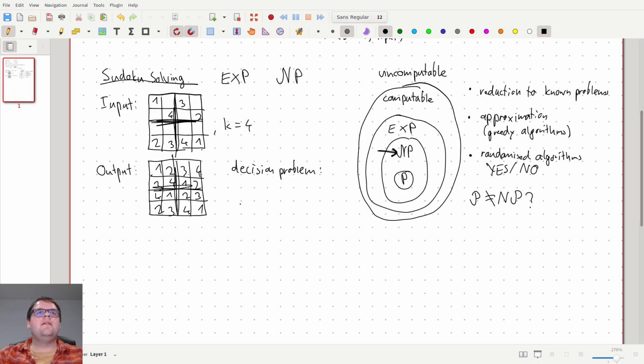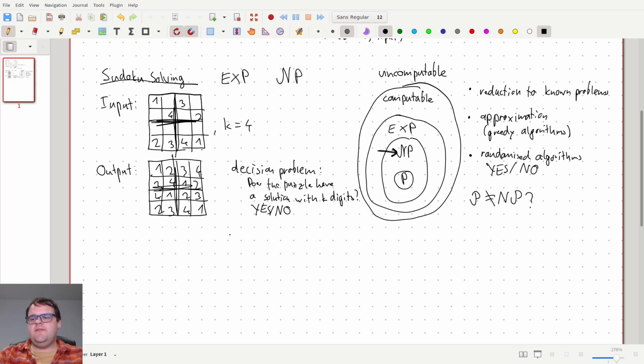It would be: does the puzzle have a solution with k digits, right? So that's a yes or no answer. This will either output yes or no. That's what a decision problem does. This is usually the most useful one.